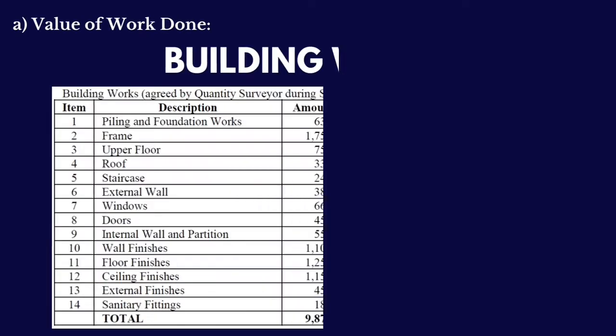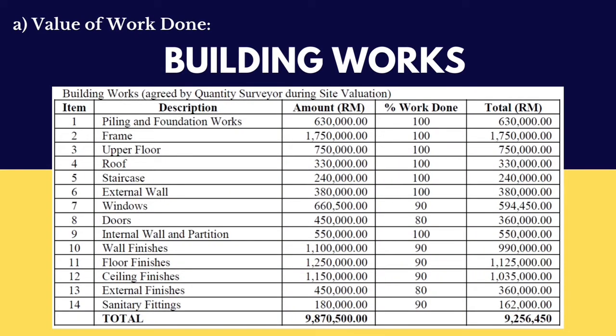For the calculation of value of work done for building works, there will be 5 columns in the table, which are the 14 items or elements in building works, the amount collected from the tender document, the percentage of work done, and lastly the total. To obtain the total of each item, we must calculate the amount times the percentage of work done.